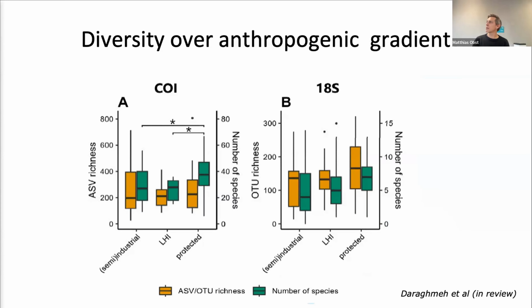And here you see what it looks like when you're tracking this across a gradient of human activities, where you have an industrial area on the left side, and then LHI means low human influence. That is basically an area where it's not protected, but it's also not exposed to any human activity. It's like somewhere in the sea.